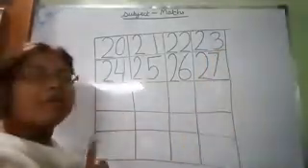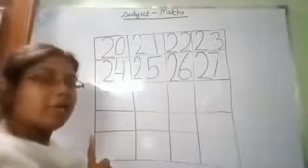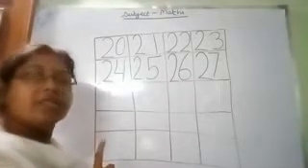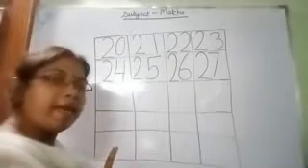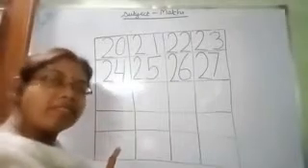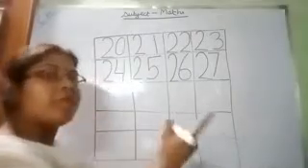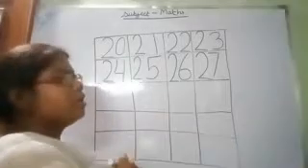Then you have to write 2, 7, 27. While you are writing, you should say and write. While you are writing in your copy, you will say and write. That big practice of writing also and practice of saying also. Okay.